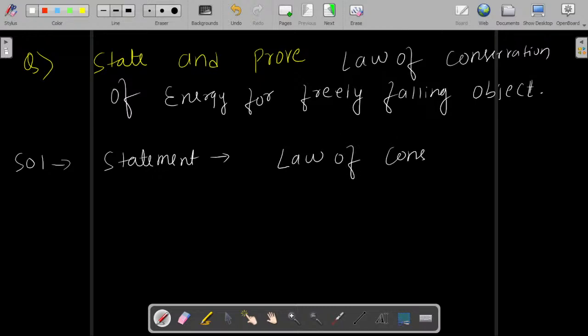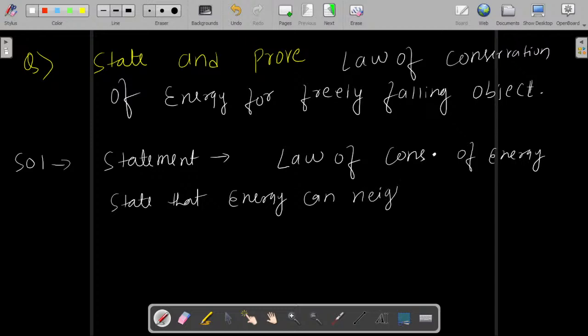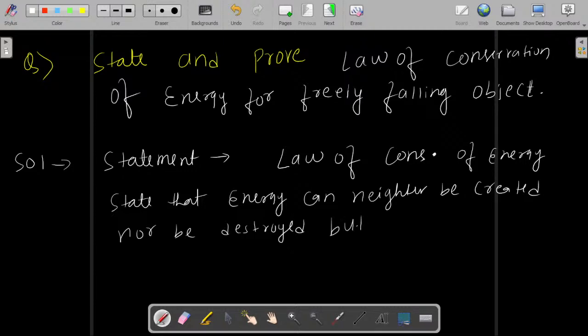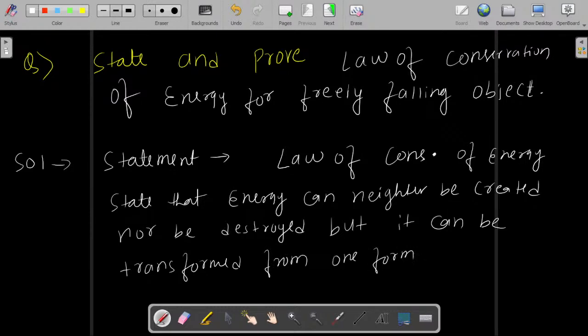In short I'm writing, law of conservation of energy states that energy can neither be created nor be destroyed, but it can be transformed from one form to other.